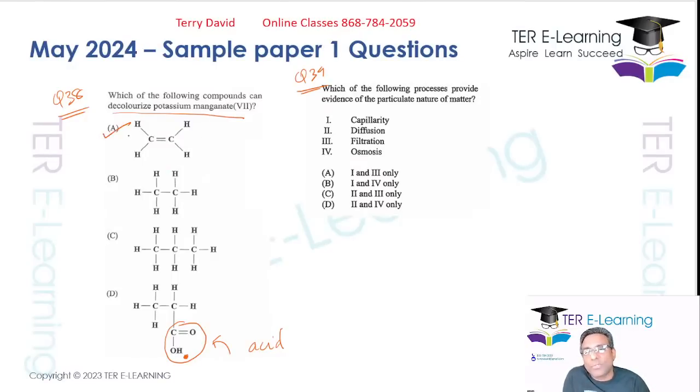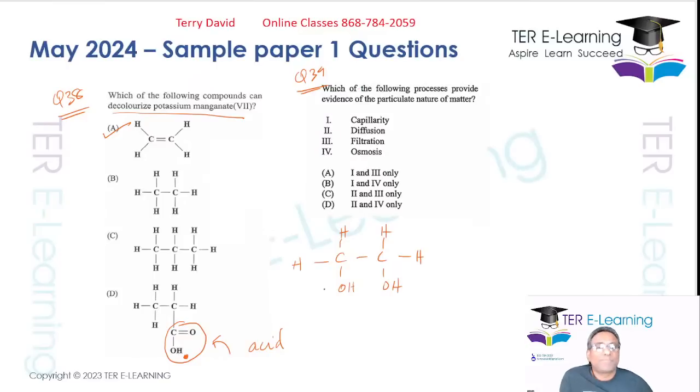But KMnO4 can also react with an alkene to give a compound called a diol, right? So this is what you get when you react ethene with KMnO4: ethane-1,2-diol, right? So that's E.